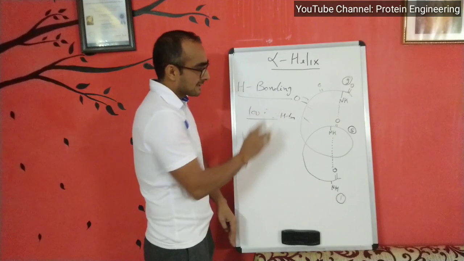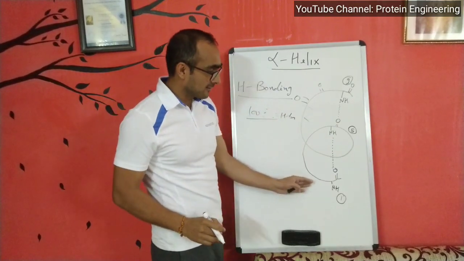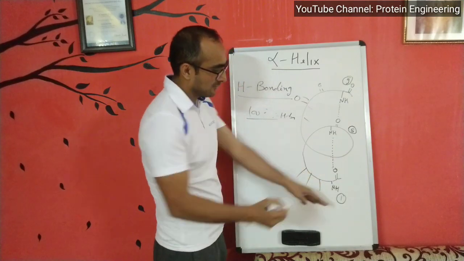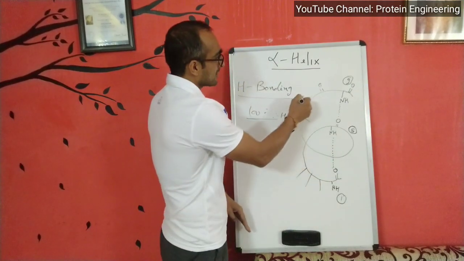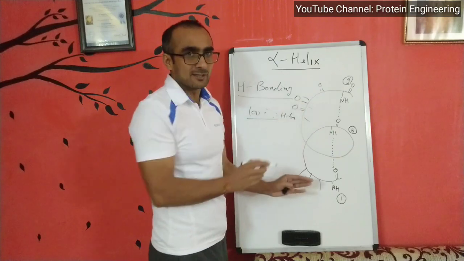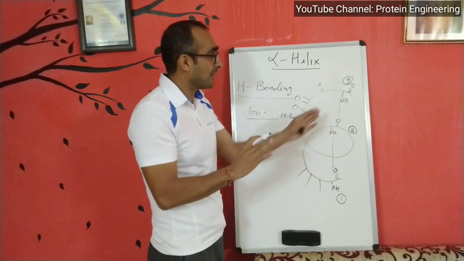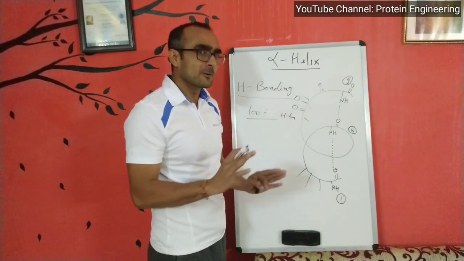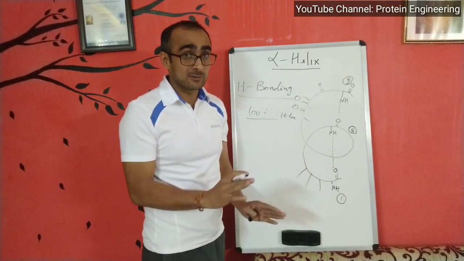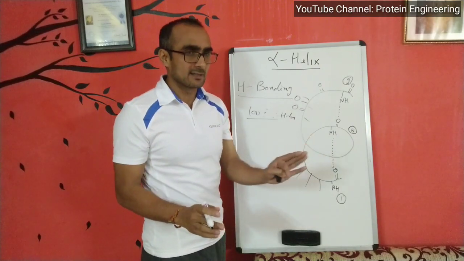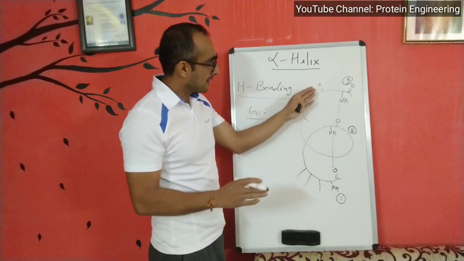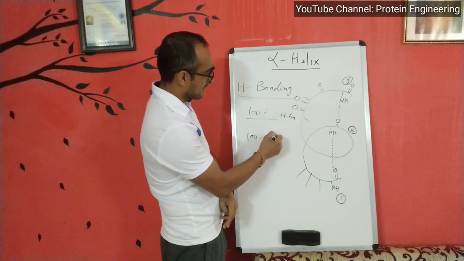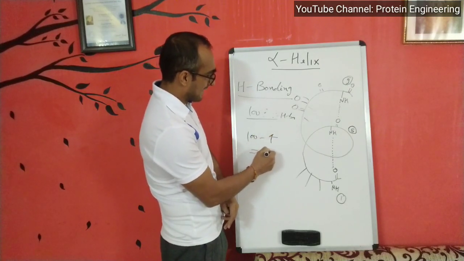But we know that in alpha helical conformation, 4 NH groups are free from the N terminal and 4 CO groups are free from the C terminal, which are unpaired and have no partner to form hydrogen bonds. It means 4 plus 4, 8 atoms are free. They are not making any hydrogen bond. 8 atoms means 4 pairs. So the total number of hydrogen bonds would be 100 minus 4, equal to 96.